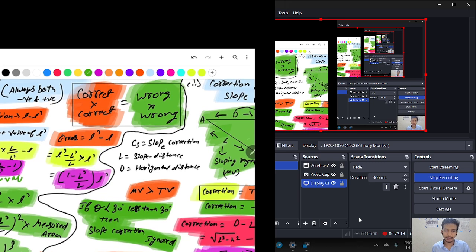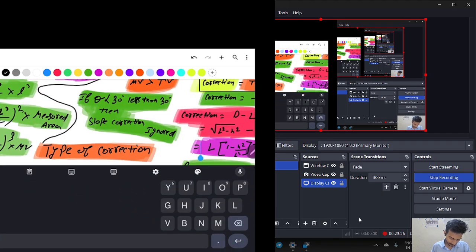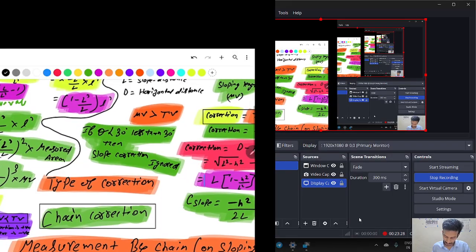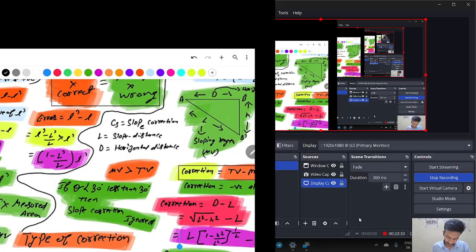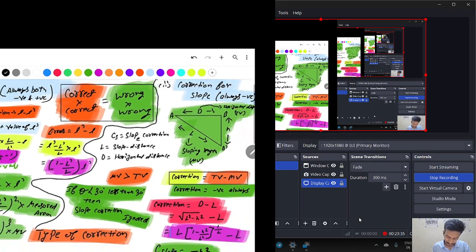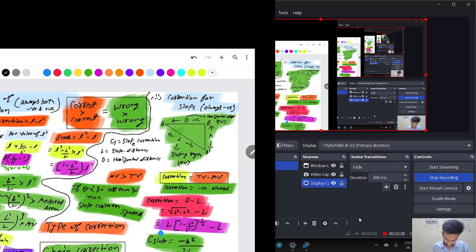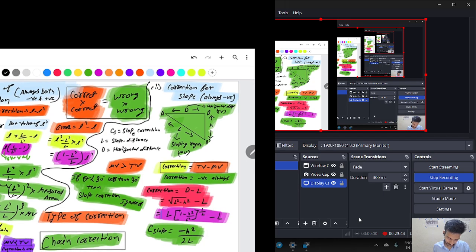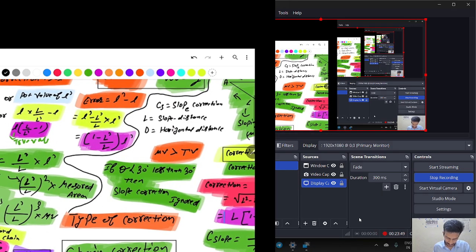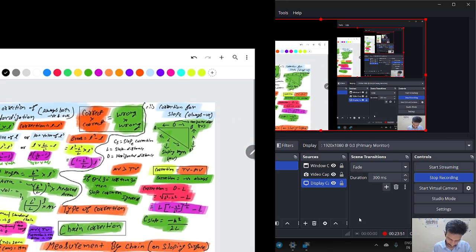We calculate the correction and then we have to reverse it: measured value minus true value is known as error. The same thing happened here also. This is the most important, which is in green.